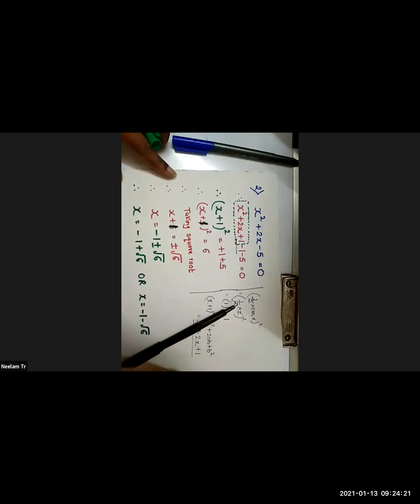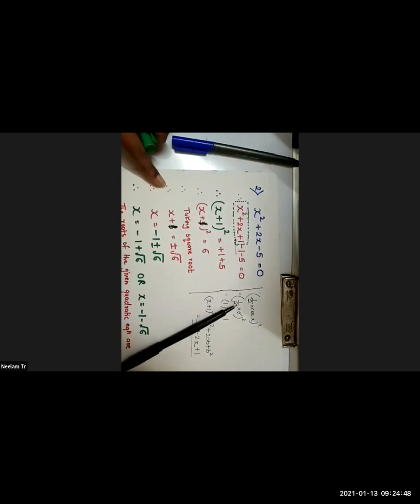The final step you are going to write: the roots of the given quadratic equations are minus 1 plus root 6 and minus 1 minus root 6.